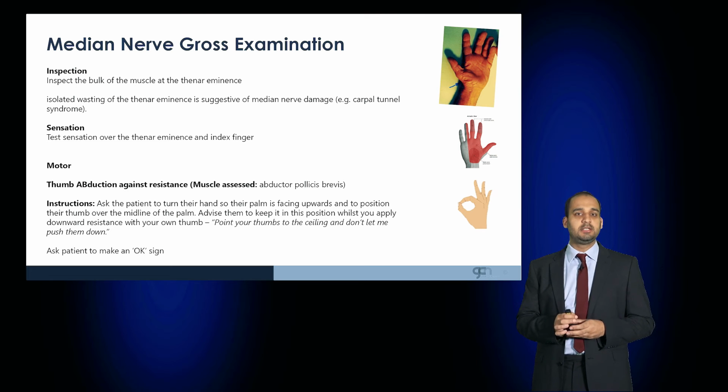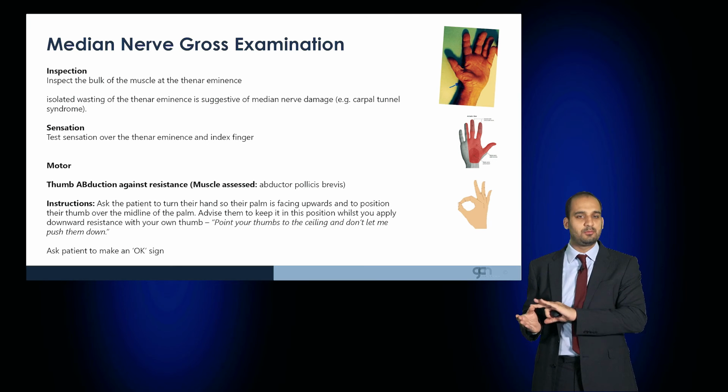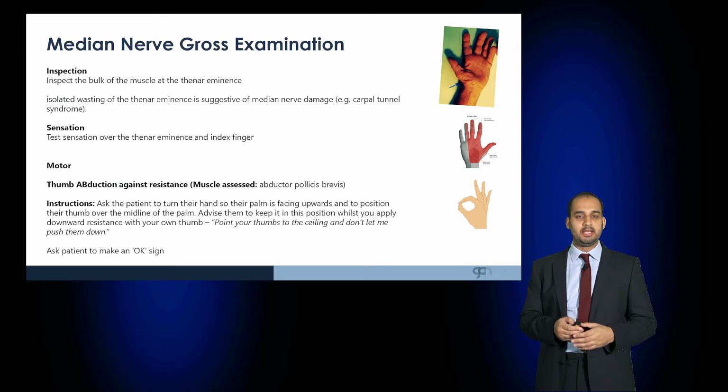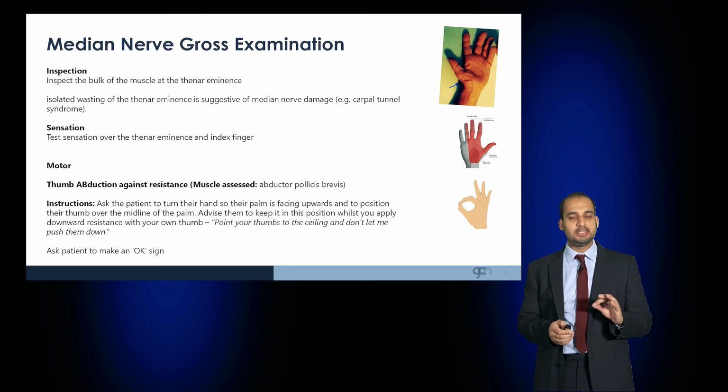Ask the patient to turn their hand so that the palm is facing upwards and position their thumb over the midline of their palm. Advise them to keep the thumb in this position while you apply downward pressure and see if they can maintain thumb abduction. You can also test thumb opposition by asking the patient to make an OK sign and see if you can break the opposition of the thumb.